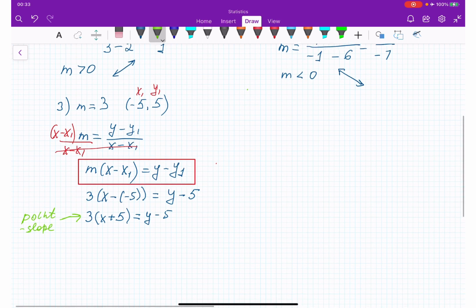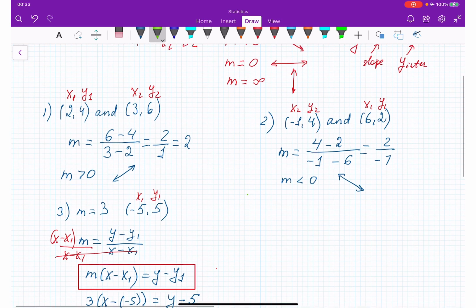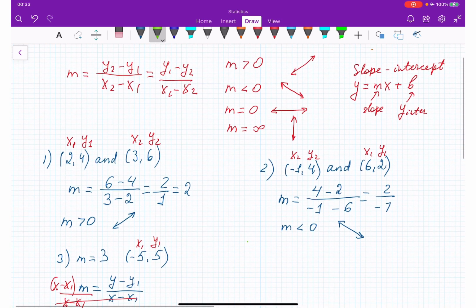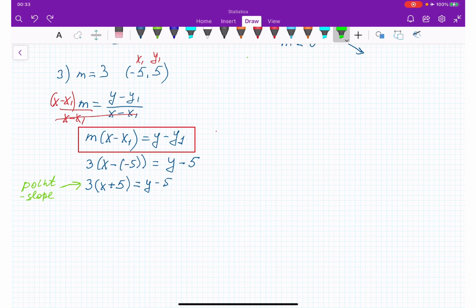This one. Now we need to get our equation in the format of slope-intercept, which is this one. Okay, slope-intercept. So how are we going to get it? Just keep simplifying and getting y.